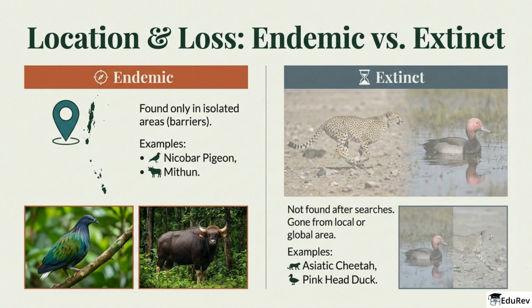Extinct means the species is no longer found even after searches. It has disappeared from the local area or from the world depending on context. The examples here are Asiatic cheetah and pink-headed duck. Most students hear endemic and think endangered. That is wrong. Endemic tells you where a species occurs. Extinct tells you it is gone. One is about location, the other is about loss.